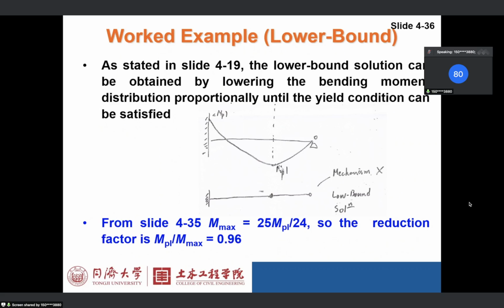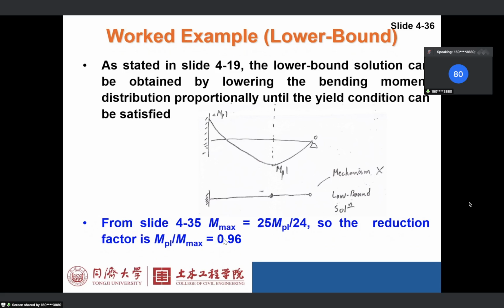But if we scale everything down, we only have one plastic hinge now, because this is reduced from 25 over 24 to 1. It's reduced to MPL; originally it was MPL, but now it's smaller than MPL. So there is only one plastic hinge here, so the mechanism condition is violated, but the yield condition is satisfied.